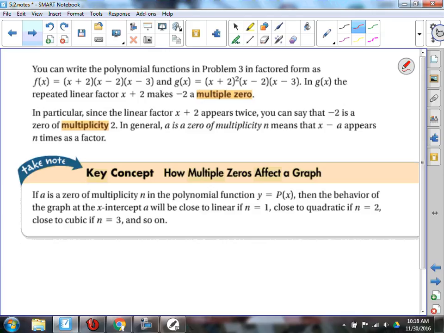What they're saying is just what we said a second ago. If you have a factor that's raised to the second power, the graph's going to look quadratic there. And if you have a 0 that is cubic, the graph is going to appear to be cubic there.